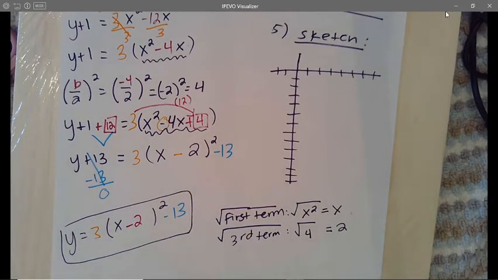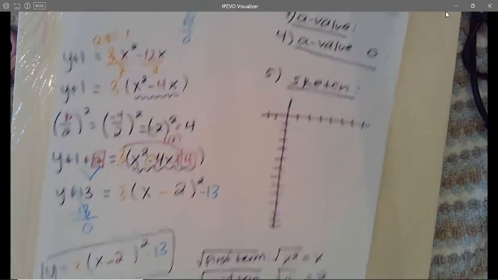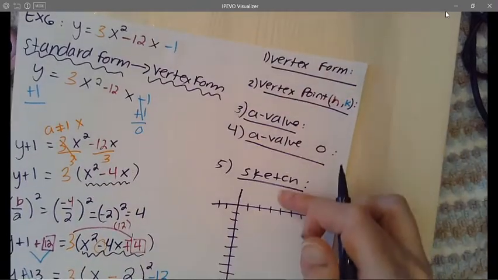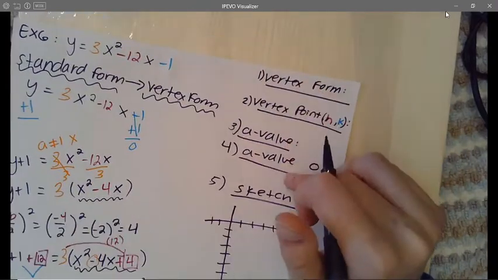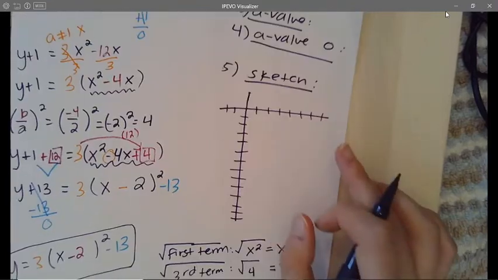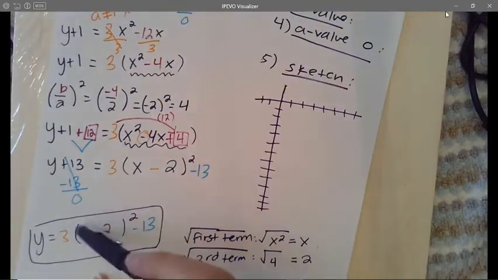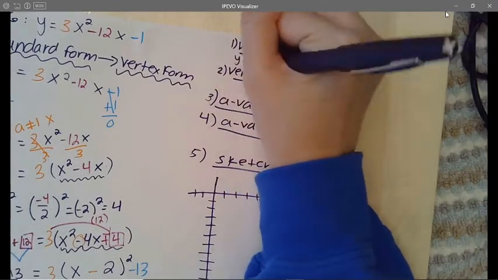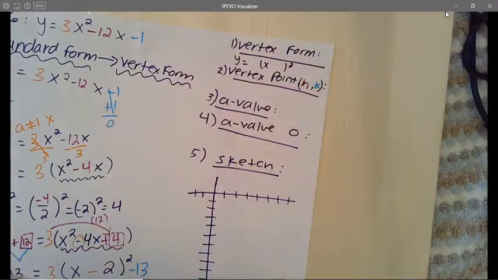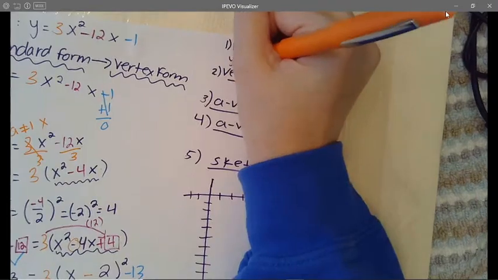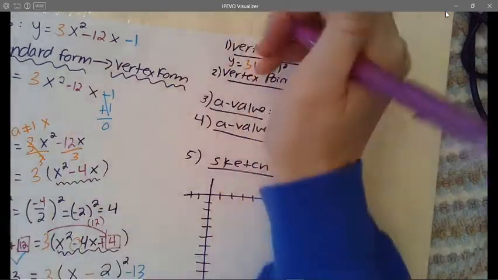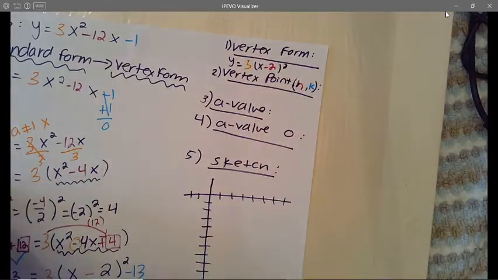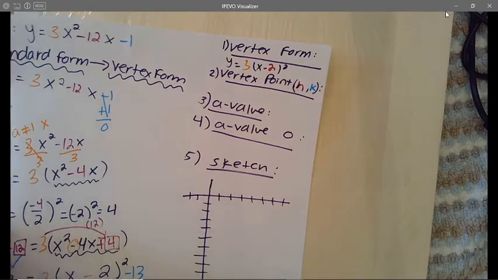Now that we know vertex form, I know what all this information will be, which will help me to draw a sketch. So I'm going to rewrite vertex form up here: y equals 3 times x minus 2 squared, minus 13.